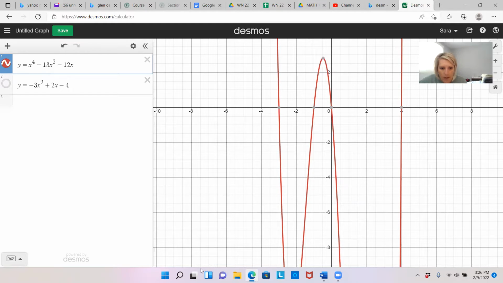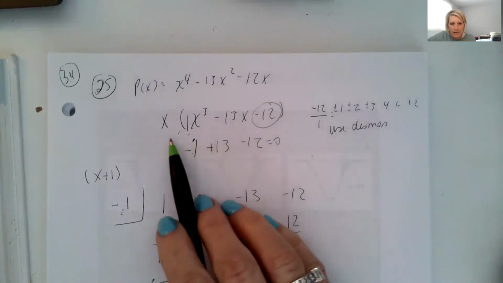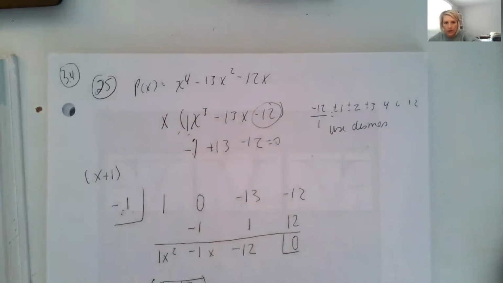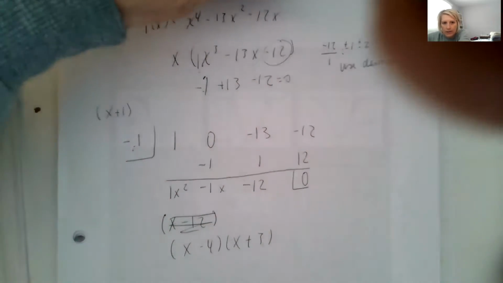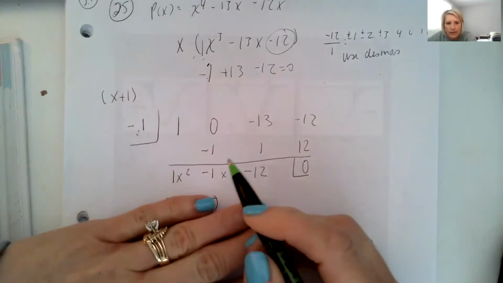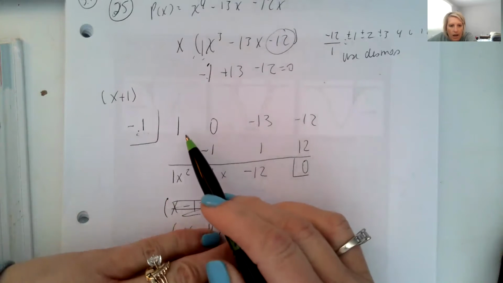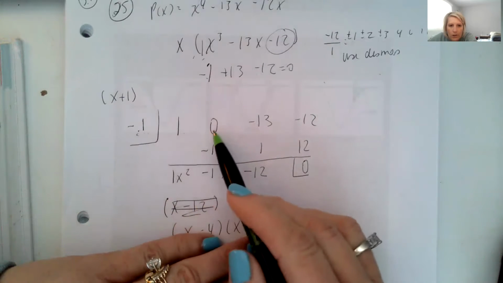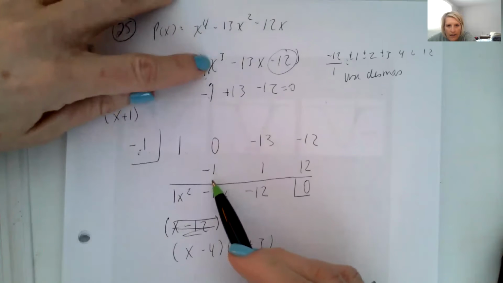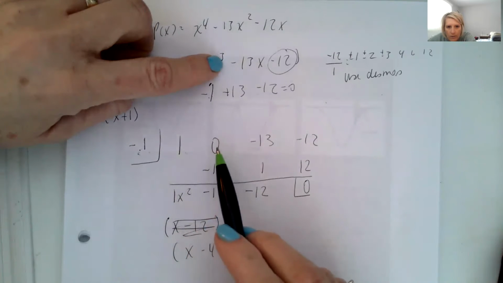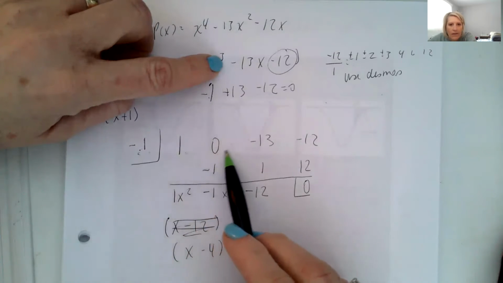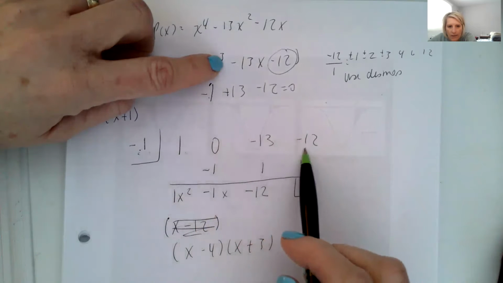So I'm going to go back to my paper, and we know that x gets pulled out, and I'm going to use a -1, which means that x is a factor and x + 1 is a factor. And then using synthetic division, because you have x cubed here, you're going to have a 1 for the x cubed, and then there's no x squared term, so you're going to put a 0 in, and then there's a -13 and a -12.